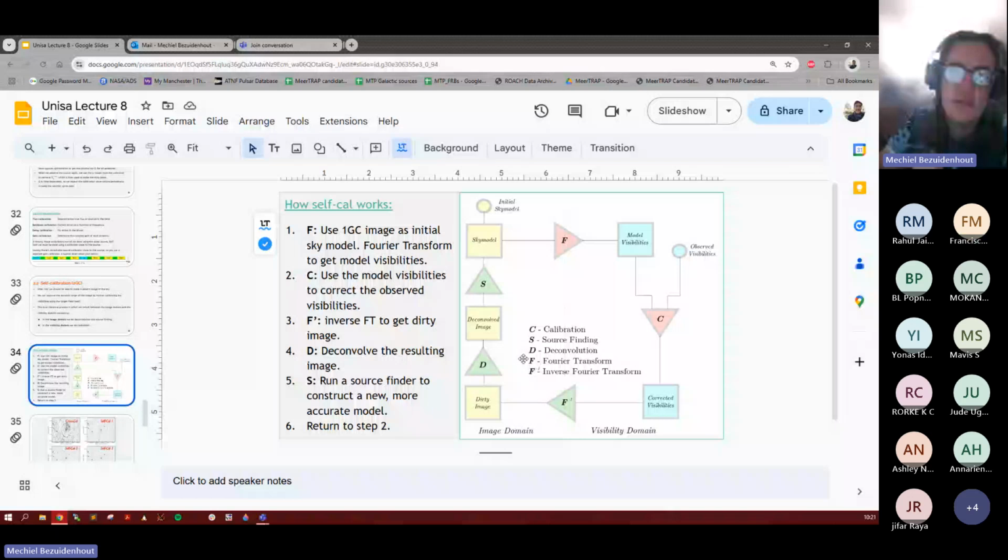You can do too many iterations until you obliterate any real sources in your field as well. I believe that's what they're referring to. Okay, thank you. Cool.